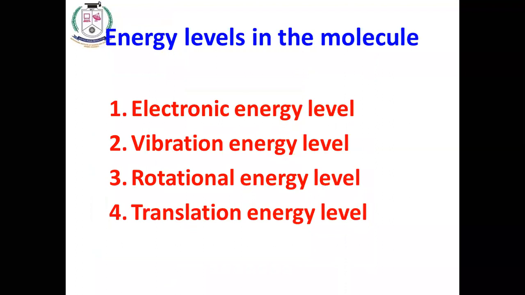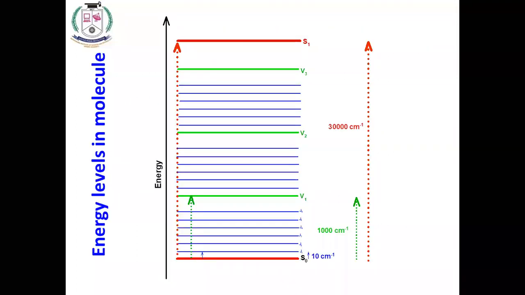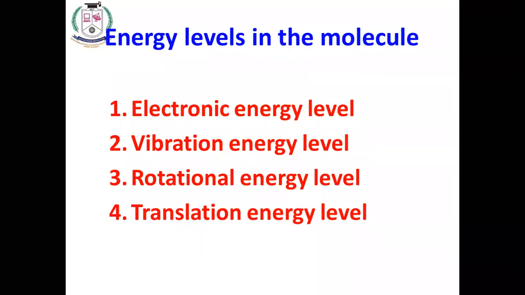Now, the energy levels present in the molecule are electronic energy level, vibrational energy level, and rotational energy level. And one more is there, that is translational energy level. Why we have not shown this translational energy level in this diagram is, this translational energy level is not quantized. Moreover, it can be determined for gaseous molecules.